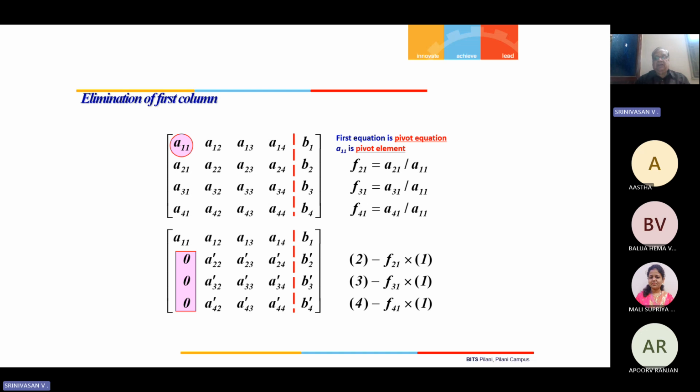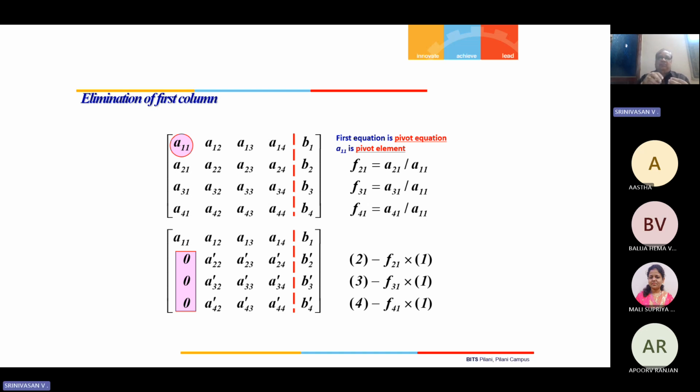So the first equation is the pivot equation. Actually, I would suggest it should be called a pivot column, because column-wise we are bringing in the pivots, the elements upon which we are fixing so that you are reducing into echelon form.